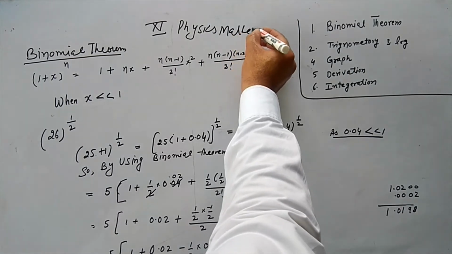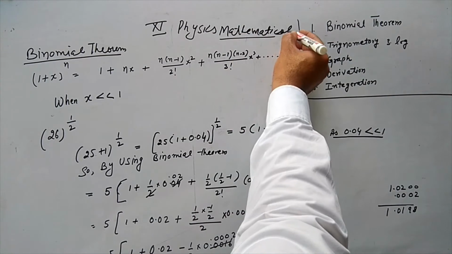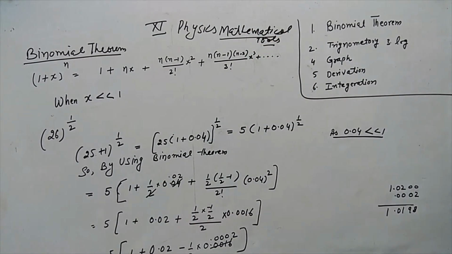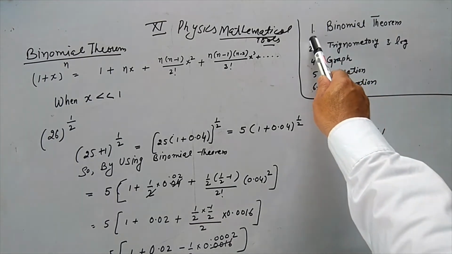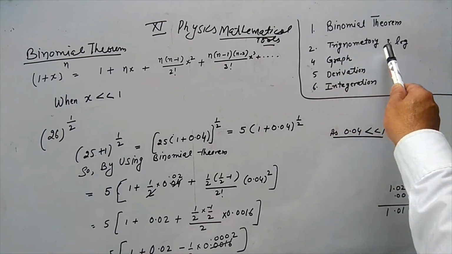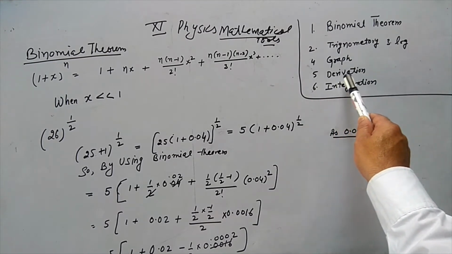I am going to teach you these mathematical tools. I would like to divide this mathematical tools chapter in 6 parts. Number 1, binomial theorem. Number 2, trigonometry. 3, log. 4, graph. 5th, derivations.